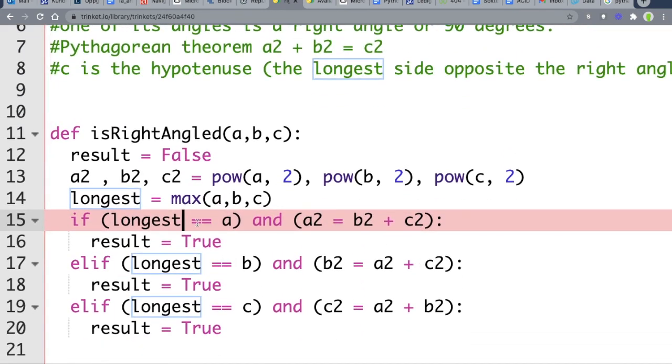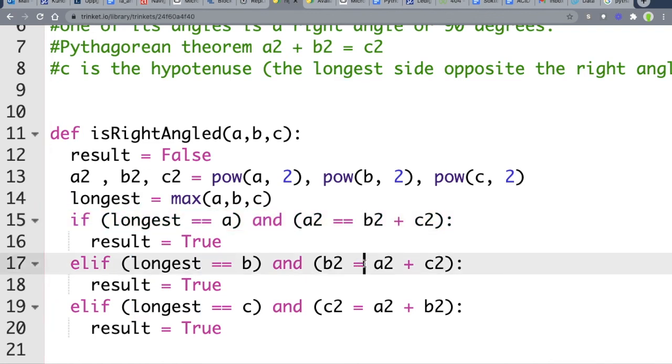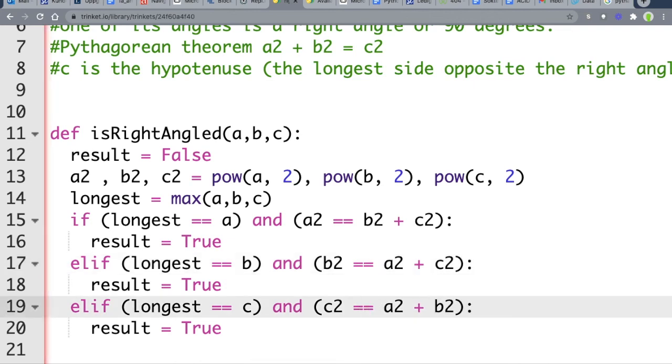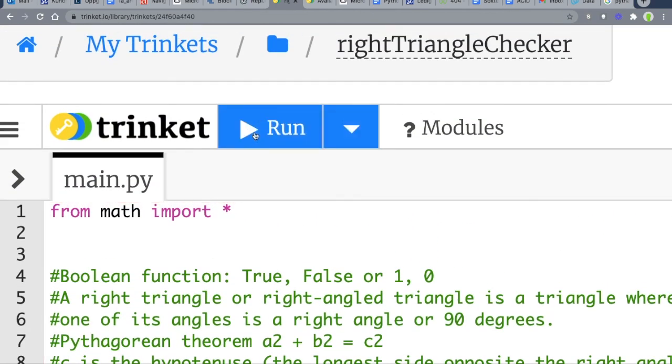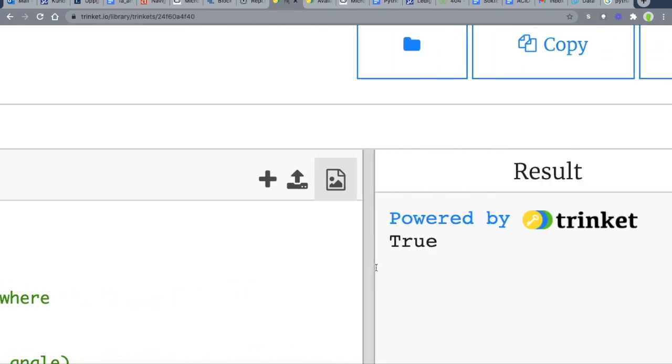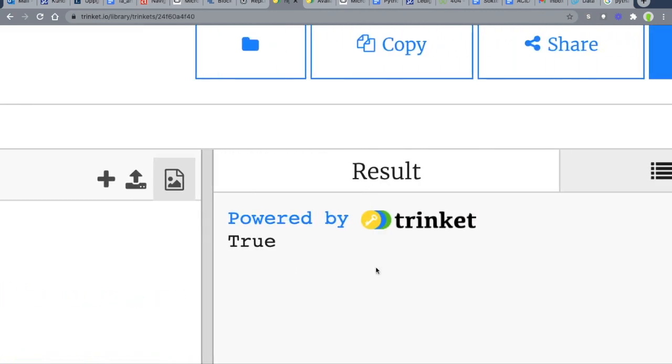If longest is equal to A and A squared equal to... there should be double equal signs everywhere when we check something. So let's check it again. Okay, now the result is true.